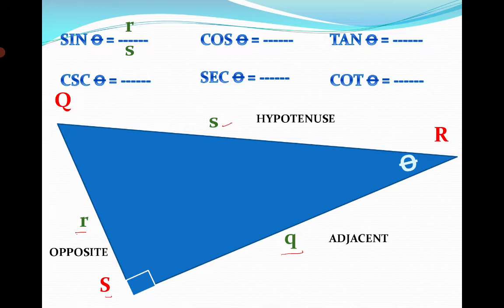So, ang adjacent natin ay Q, ang hypotenuse natin is S. So, cosine theta is equals to Q over S. Then, tangent theta is equals to opposite over adjacent. So, ang opposite natin is R, adjacent natin is Q. So, tangent theta is equals to R over Q.